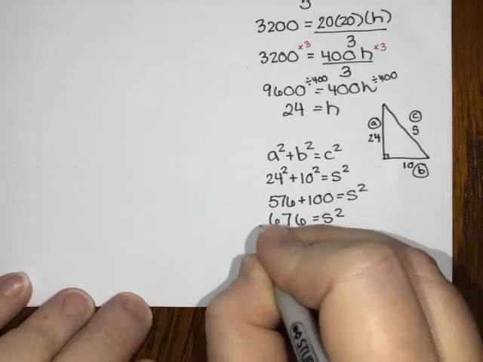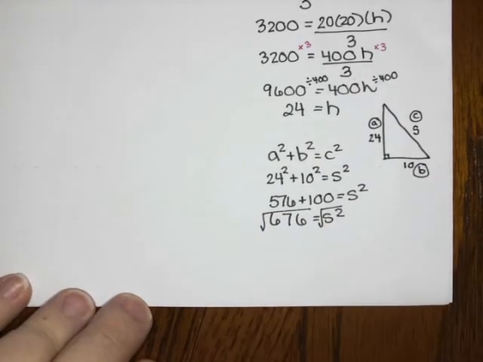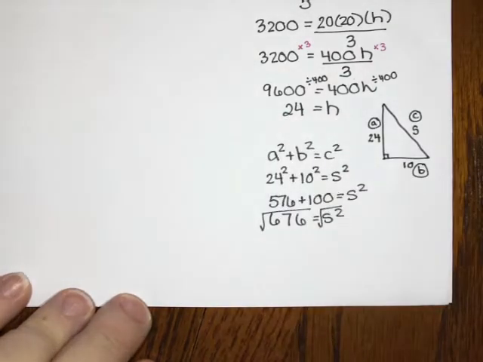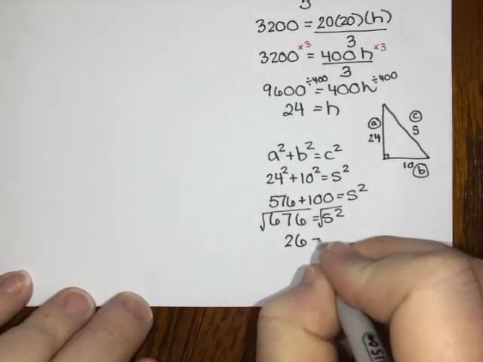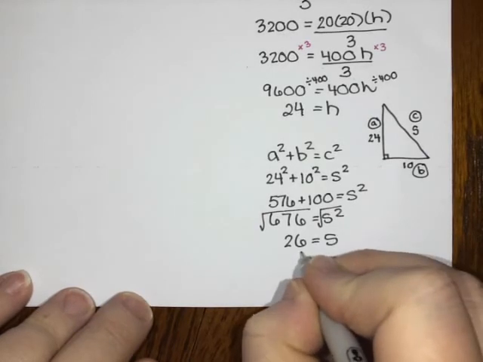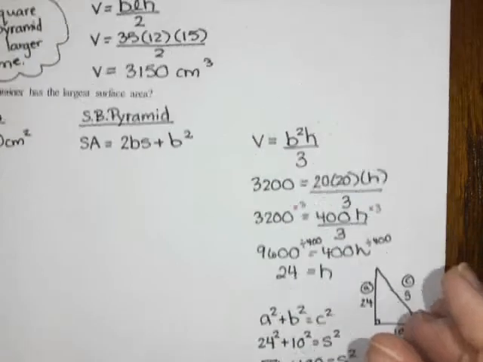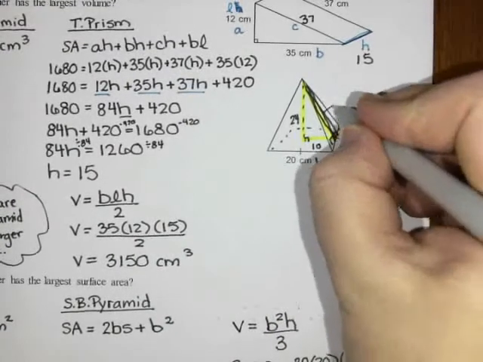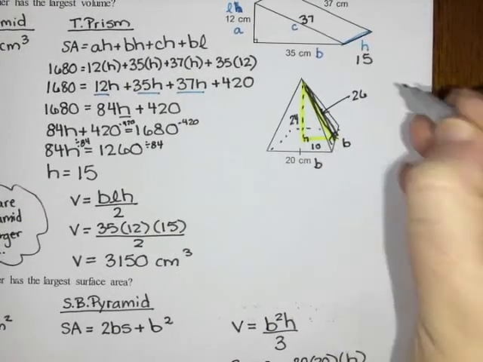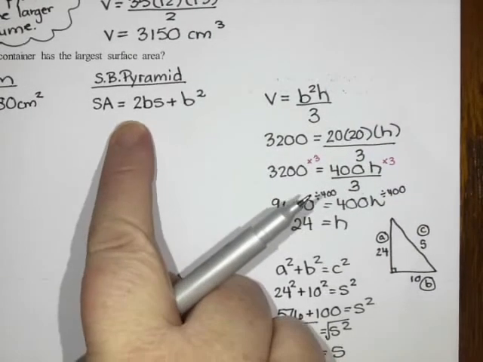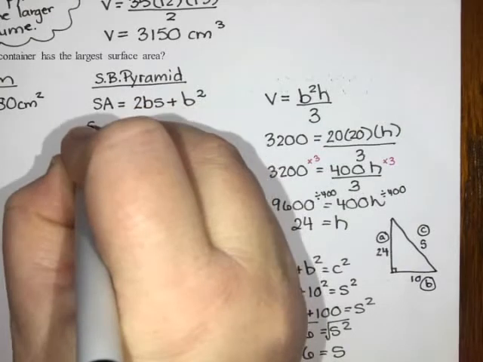And then we are going to square root. So the square root of 676 is 26. And that is centimeters. So I now know that the slant of my pyramid, this one right here, is 26, which means I can now calculate the surface area because I know what the slant is.